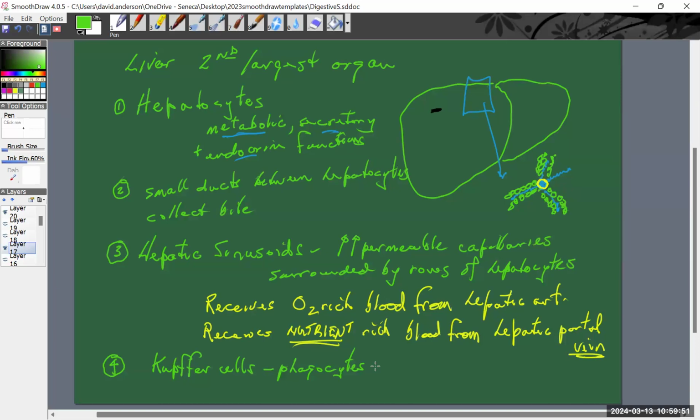Another cell type to be aware of is called a hepatic stellate cell. That's going to be a star-shaped cell, which is why it's called a stellate cell, found in the hepatic tissue. Most of the time, a stellate cell stays relatively dormant, not doing very much unless there's injury, either from infection or trauma, and then those stellate cells become active.